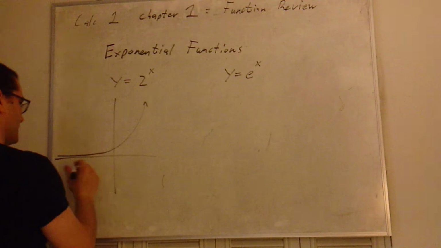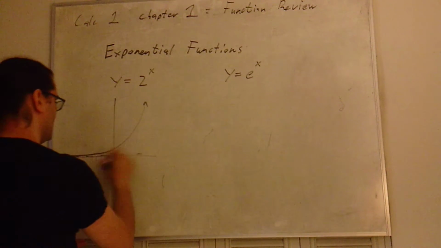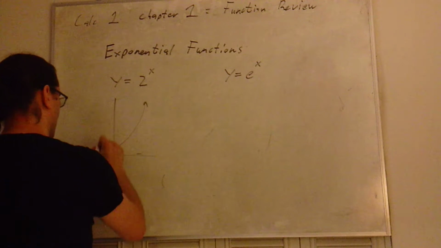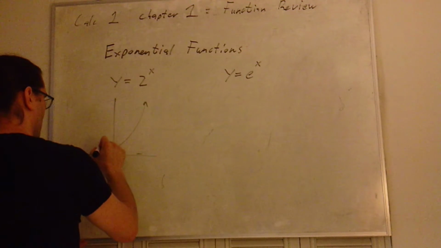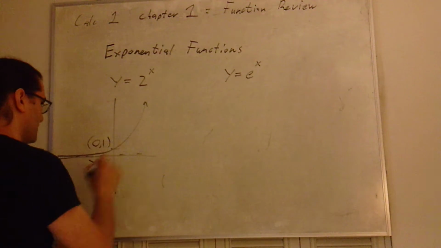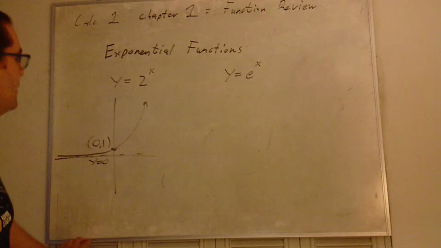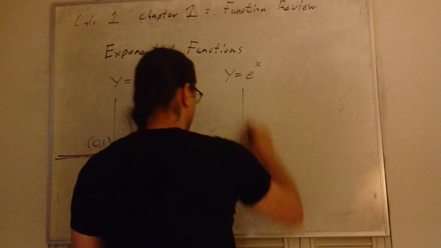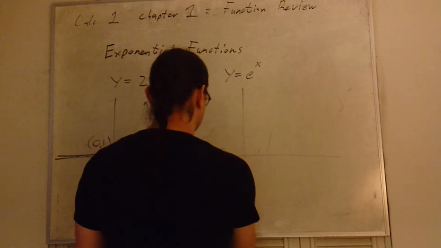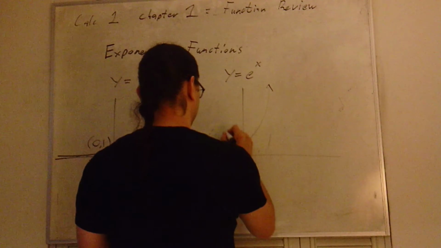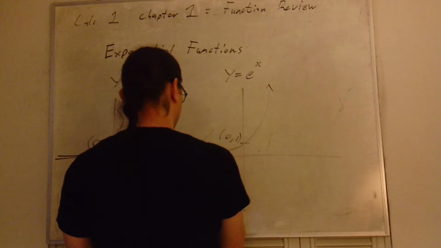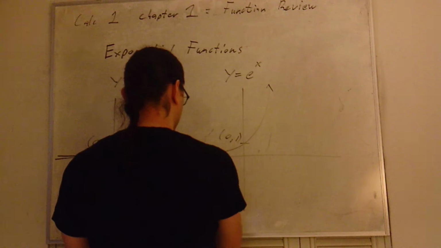Unaltered exponential functions always have an asymptote of y equals 0 and an intercept of (0, 1). E to the x looks exactly the same. It's a little steeper. Still (0, 1). Still y equals 0 as an asymptote.